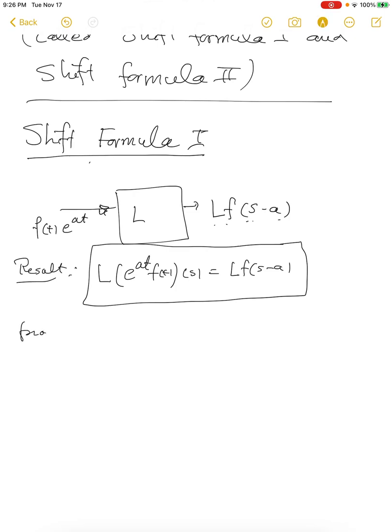The proof of this is not hard. Let's try to calculate this at s. This is as before, the integral from 0 to infinity of e to the minus st times e to the at times f(t) dt.